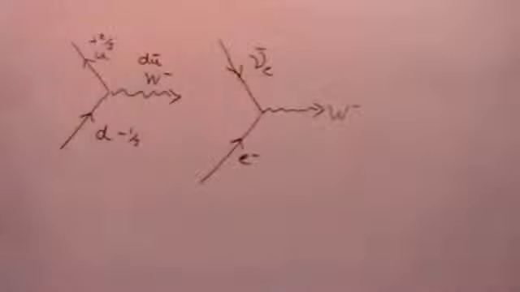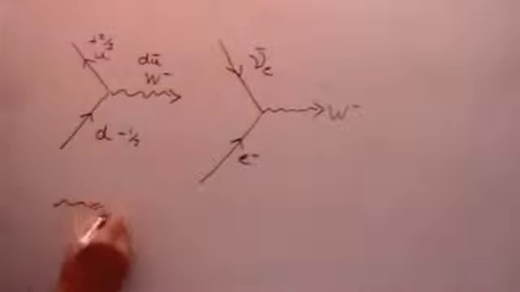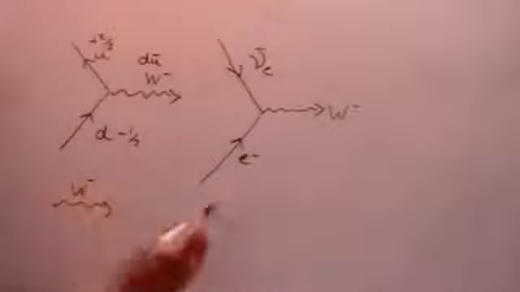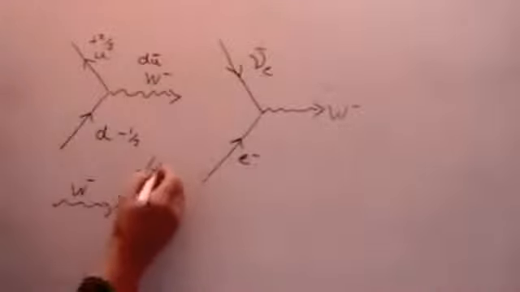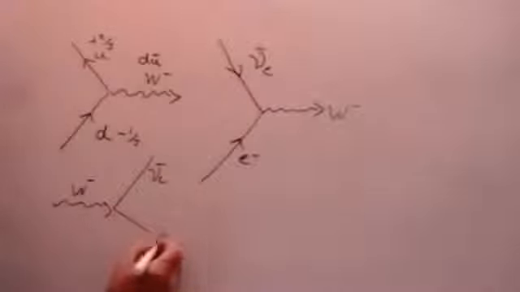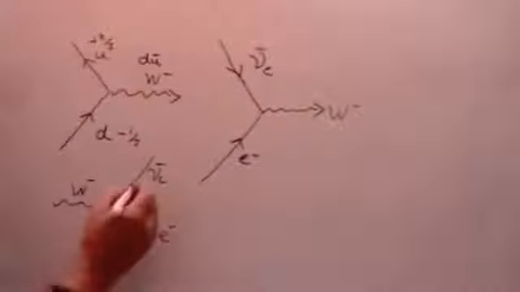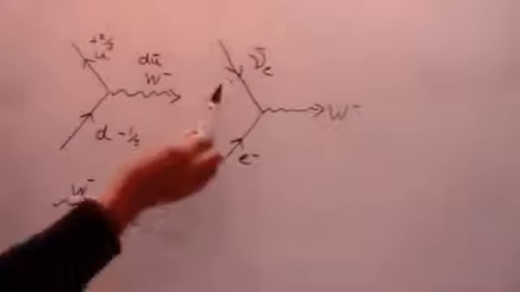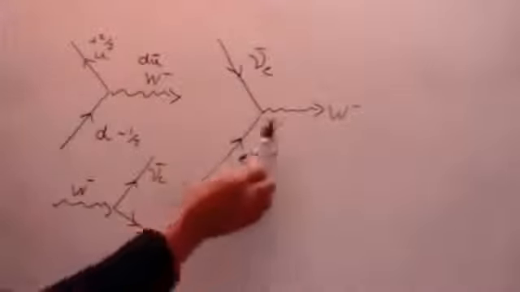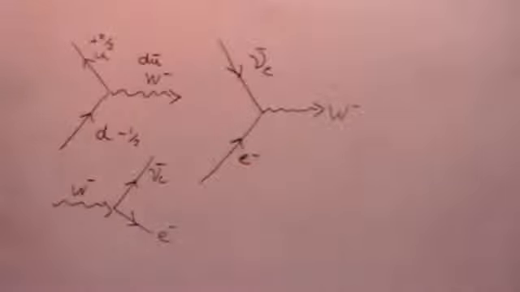So that's perfectly possible. Or I could redraw this diagram the other way round. I could have a W minus coming in and becoming an anti-electron neutrino and an electron. All right, it works both ways. You can have an anti-electron neutrino and electron which become a W minus, or you can have a W minus that becomes an anti-electron neutrino and an electron.